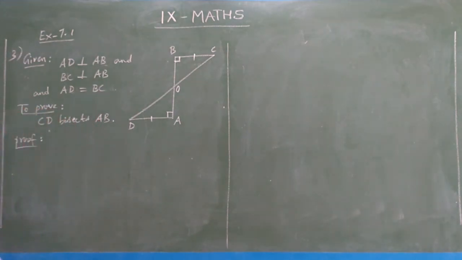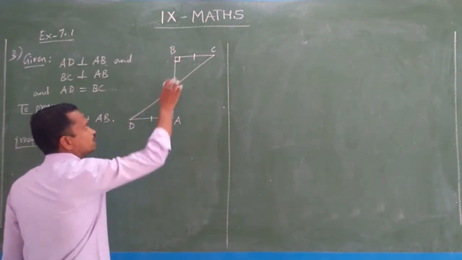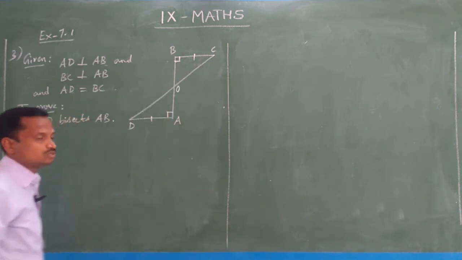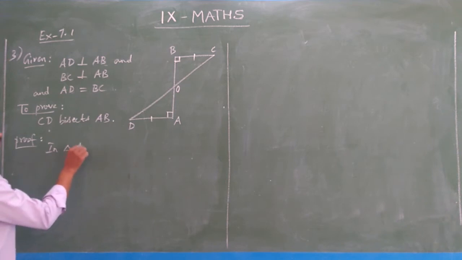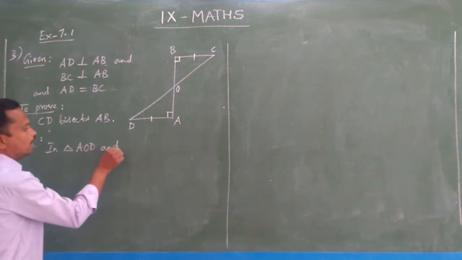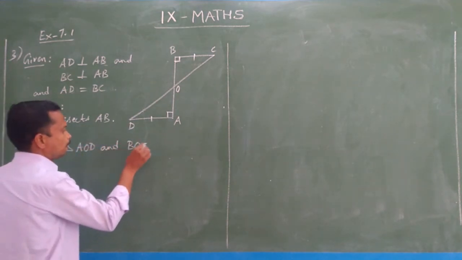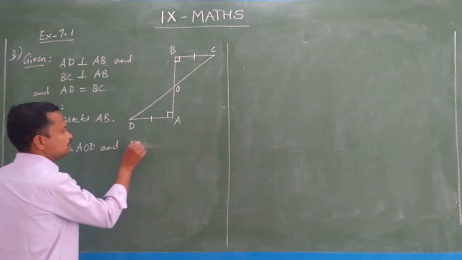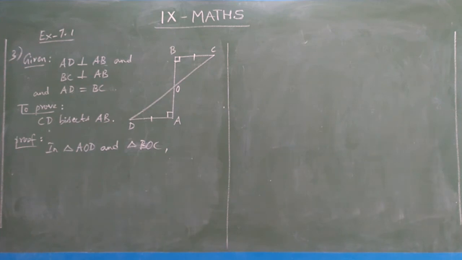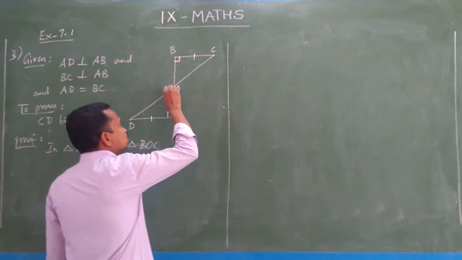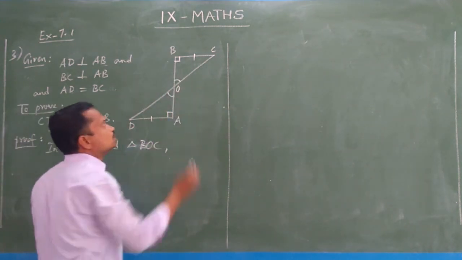For that we have to take these two triangles. We can observe these are the two triangles there. So in triangle AOD and BOC, in these two triangles, you see, can you say what these two are?